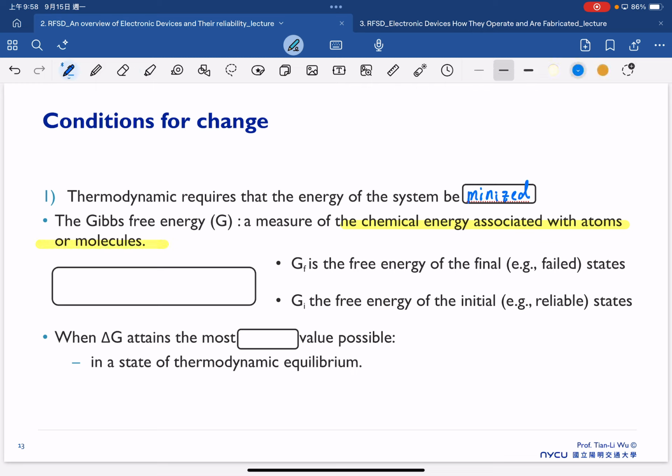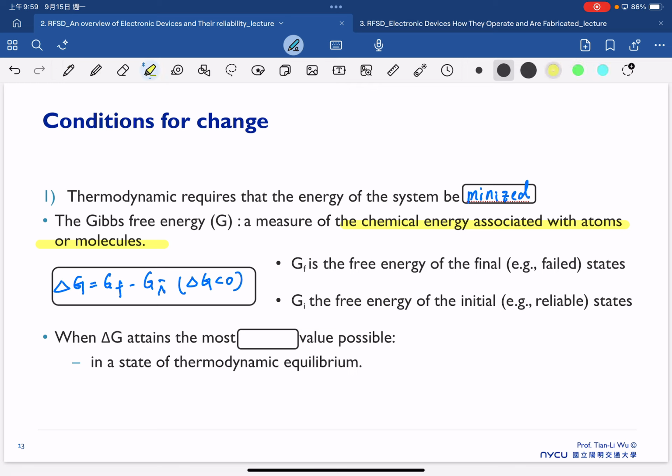So we can define the delta G, which is equal to GF, the final state, minus GI, the initial state. So in general, the delta G is always negative.